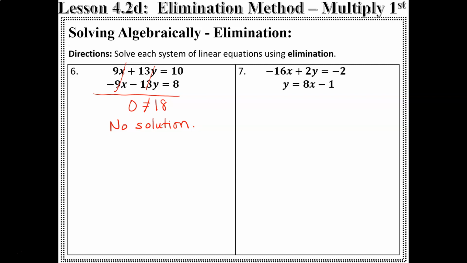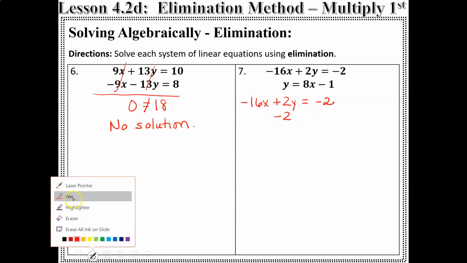Okay, number 7. So here's one of those where you have to line everything up first. So I think I'm going to take the top one and get y alone. By subtracting, no, back up the chalk, Benhart.